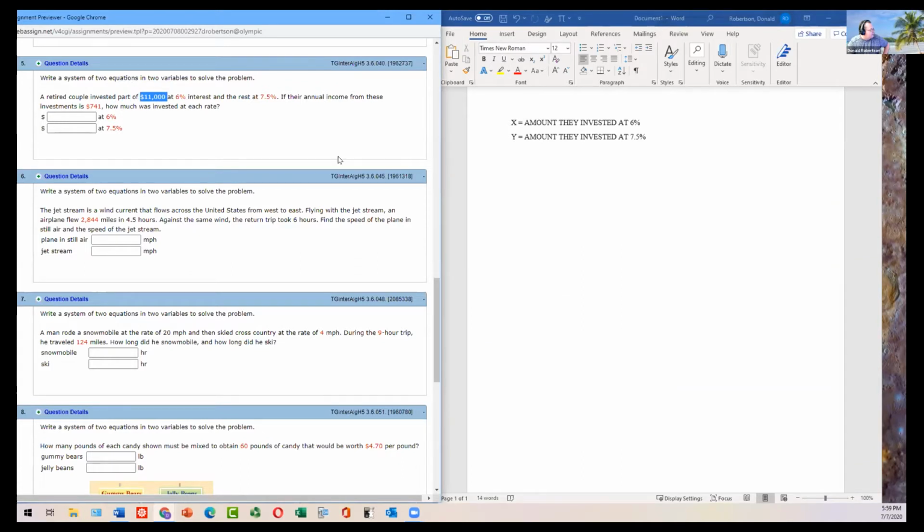But if you think about it, don't they only have 11,000 to invest in total? Part of it goes one way and the other part goes the other way. So doesn't that mean x plus y equals 11,000? Equation 1.